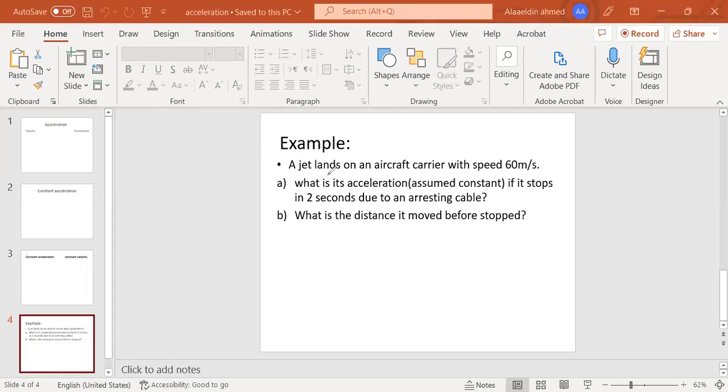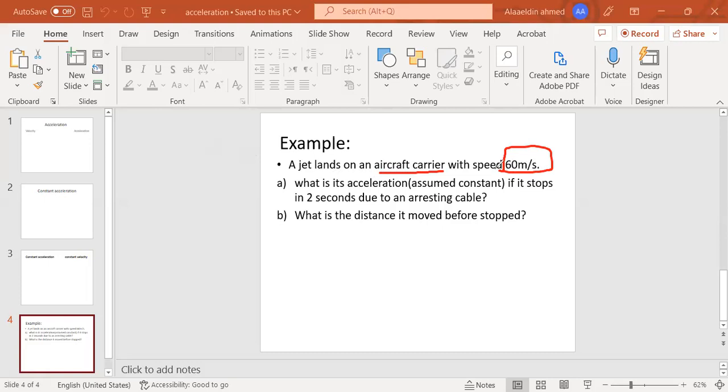An example: a jet lands on an aircraft carrier with speed 60 meters per second. The technique to solve any problem in physics, first, identify the known variables.